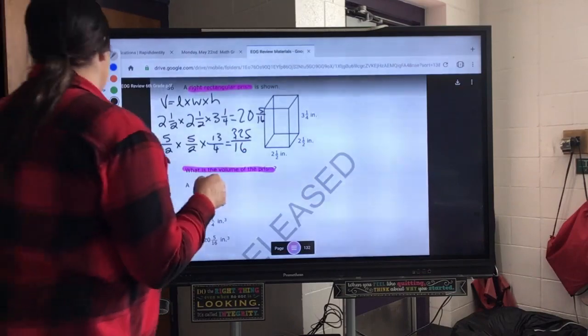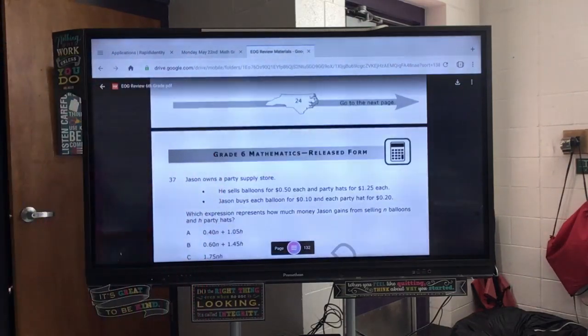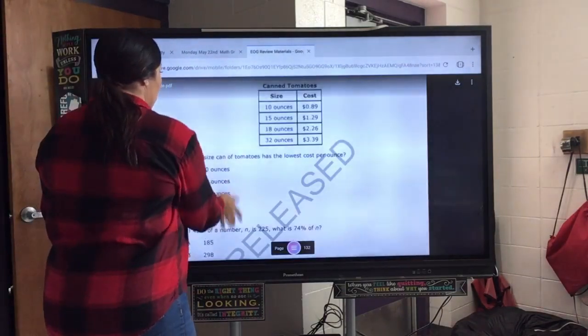Alright, go to section 10. I'll be there in 4 minutes. You are working on number 9. So once you get there, annotate it and then get started on it. And you may use your calculator.